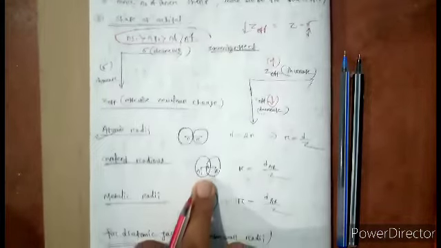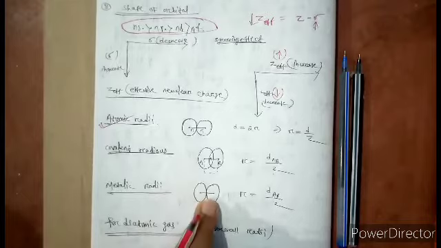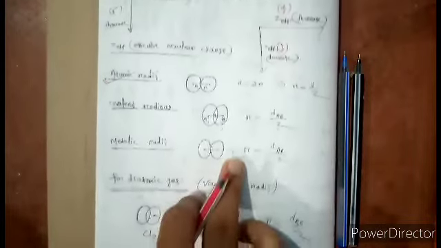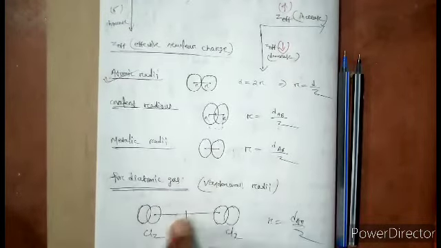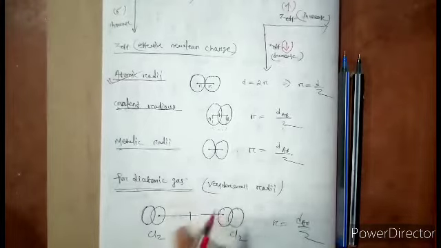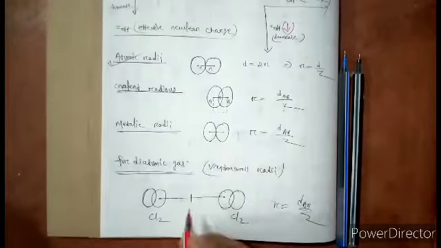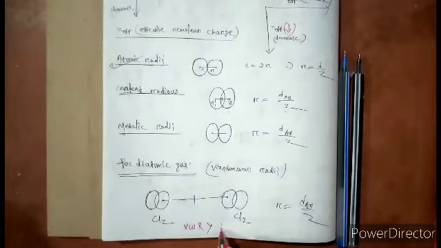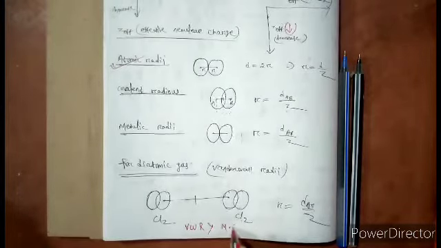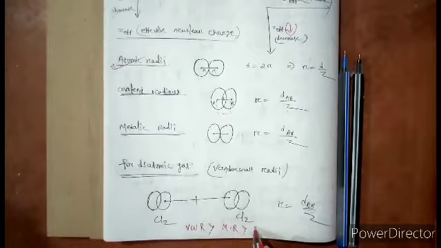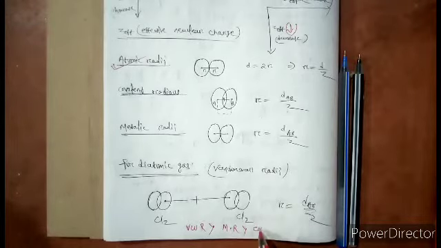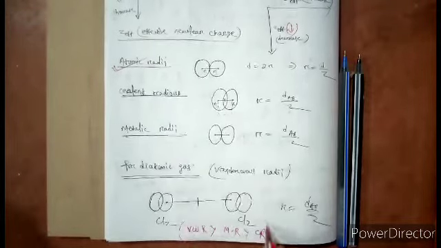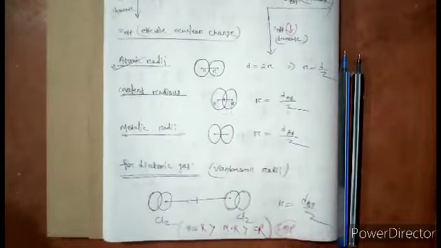Then metallic radius, this is the metallic radius. Then for a diatomic gas, this is the van der Waals radius. So here we conclude that van der Waals radius is greater than metallic radius, which is greater than covalent radius. Okay, this is important, it comes in the exam.